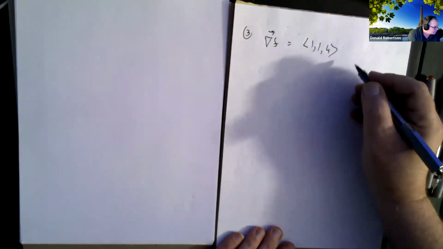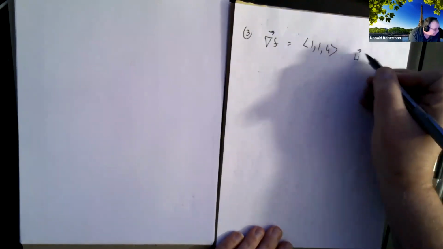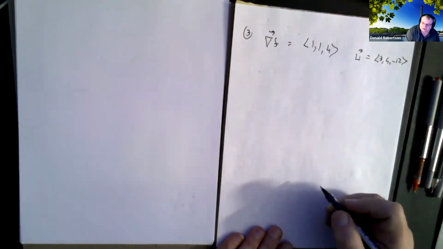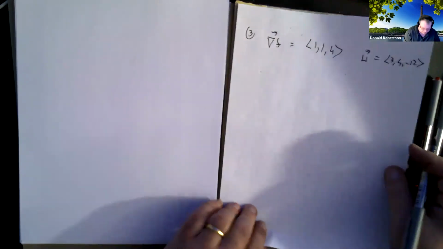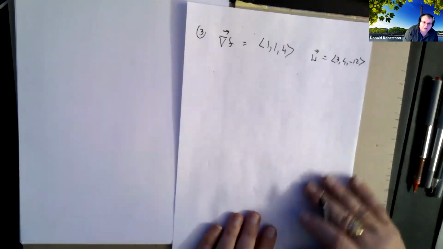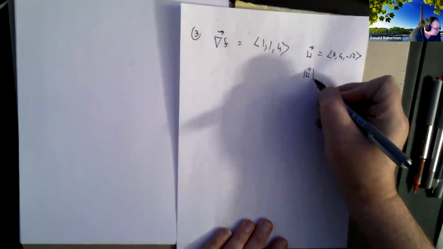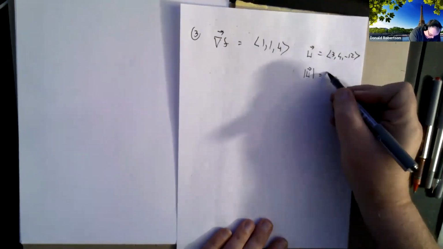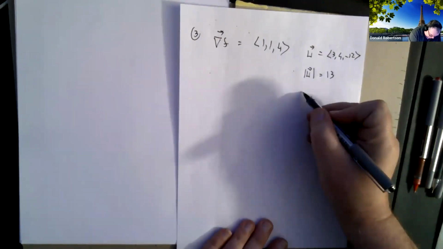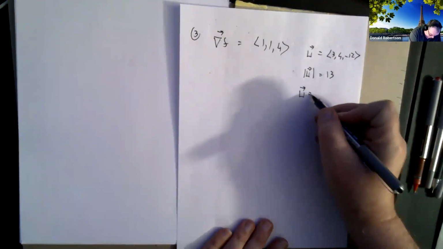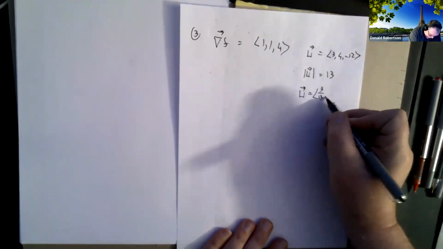Now, the vector that you're dealing with, which is this one here, has to be a unit vector. So I'm going to move this over a little bit. If you find the magnitude of it, I believe it becomes a nice number, 13. And so I know it says U, but it's really not a unit vector. So it is now.